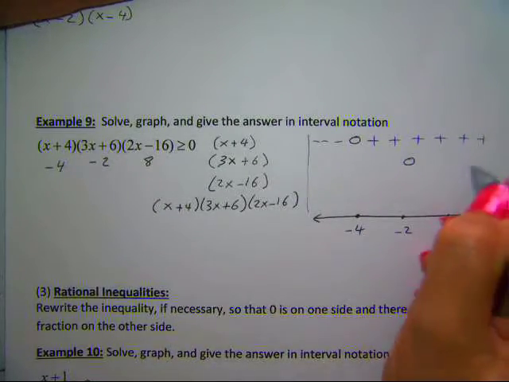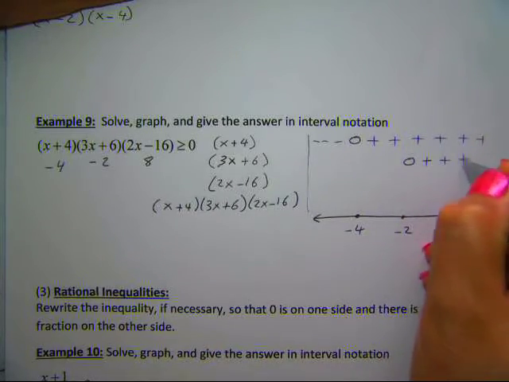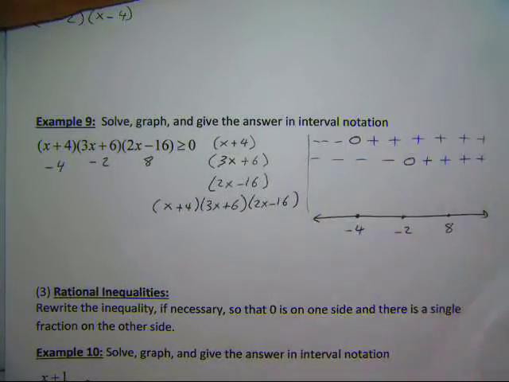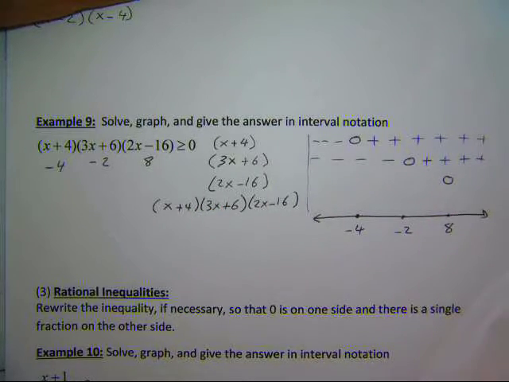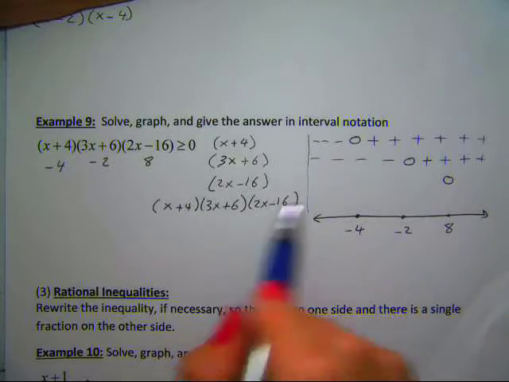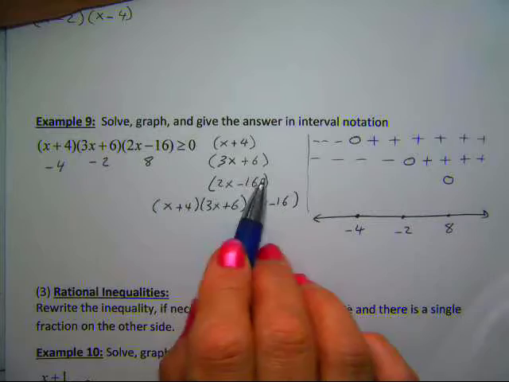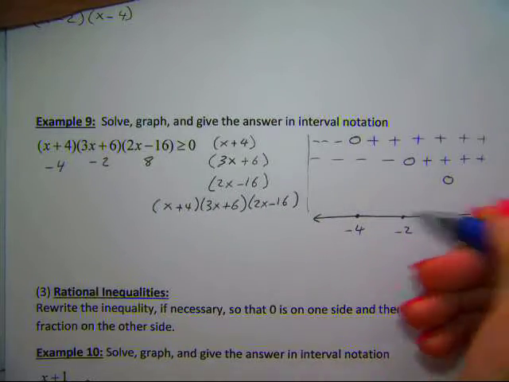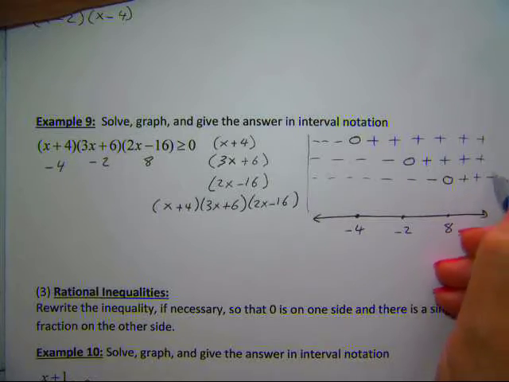Any value like 0 to the right gives us 6, which is positive. So negative on the left. This last factor is equal to 0 when x is 8. Check the left hand side. When x is 0, the value of this factor is negative 16. So to the left of 8 it's negative, and to the right it's positive.